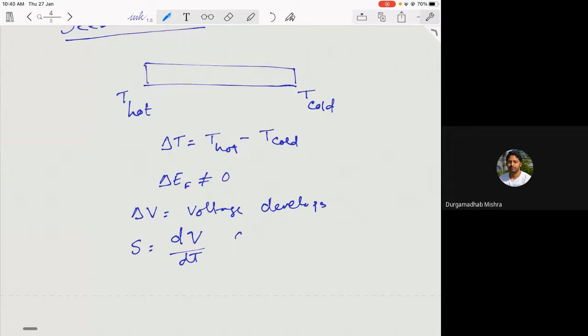This is nothing but the potential difference due to the temperature difference. This concept is used in thermocouples, where you can actually use it as a temperature sensor.